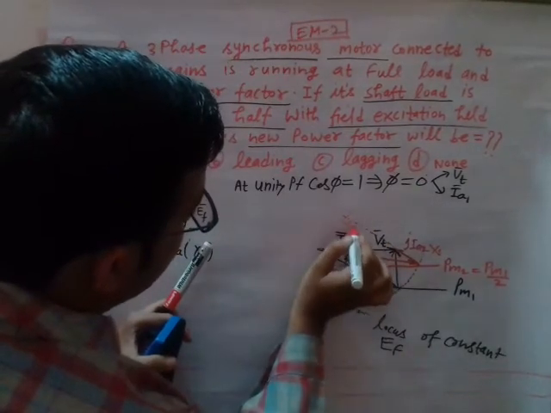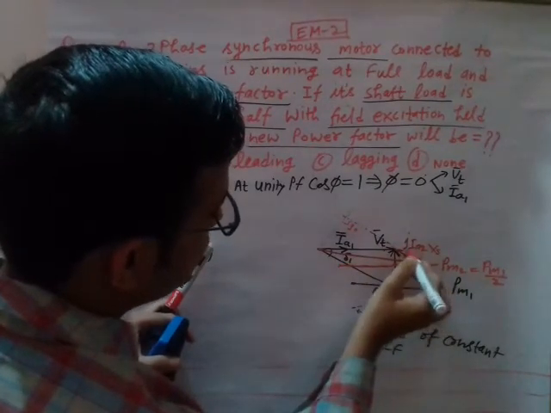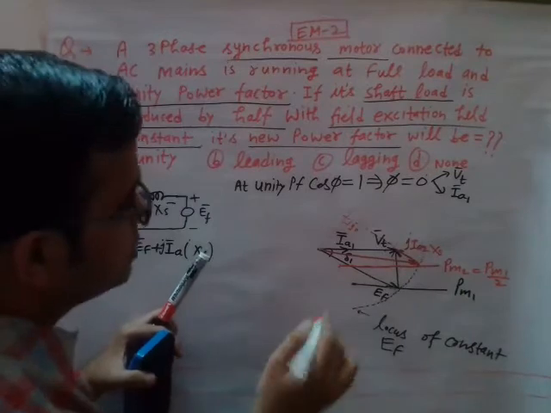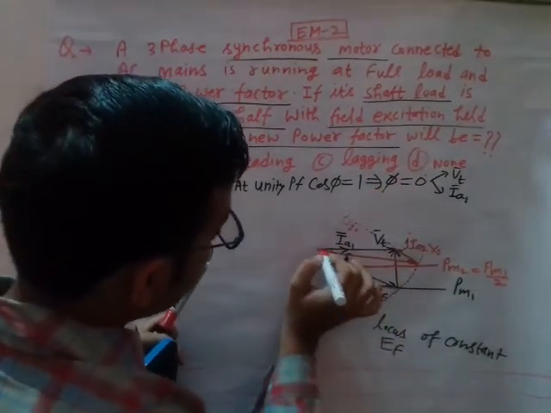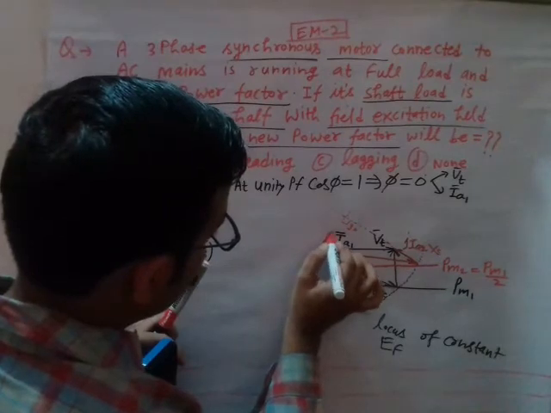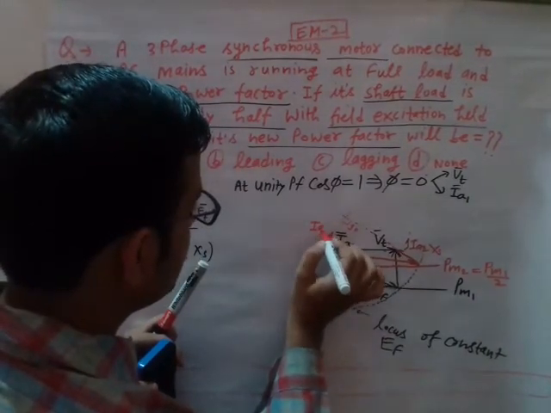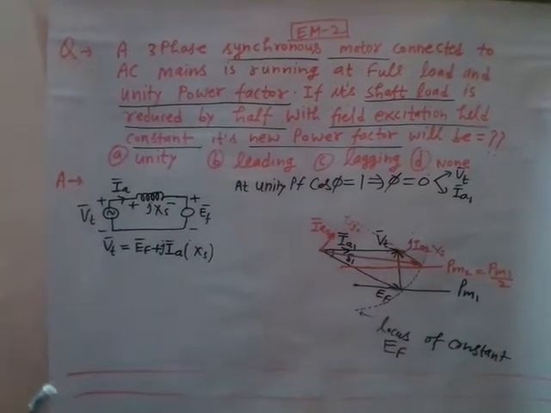So this angle is 90 degrees. At 90 degrees, you are adding this j times IA2 XS, that is the meaning. So here the armature current for the new mechanical load would come somewhere here, isn't it? Let me call this IA2, the new armature current for the new mechanical load PM2, right?